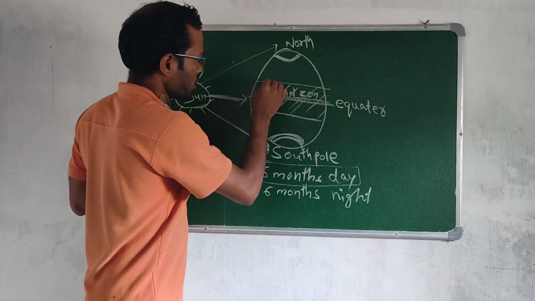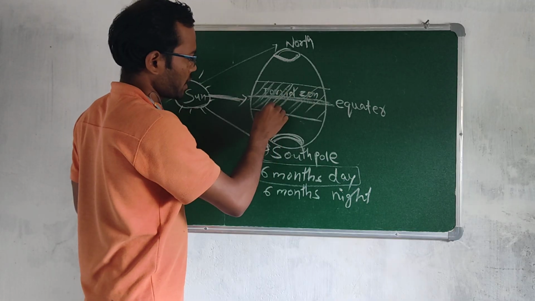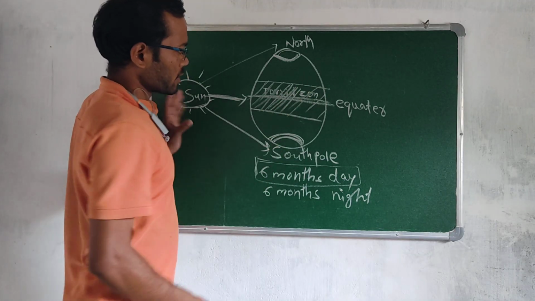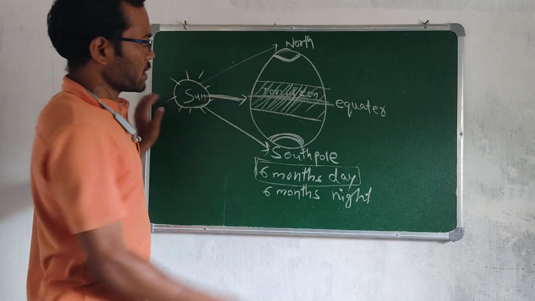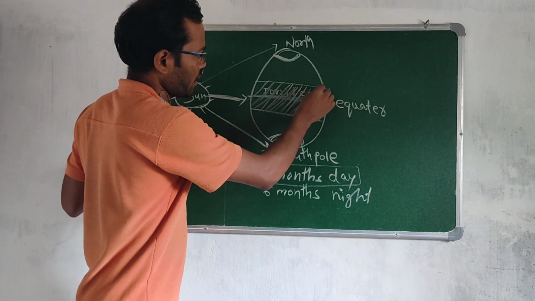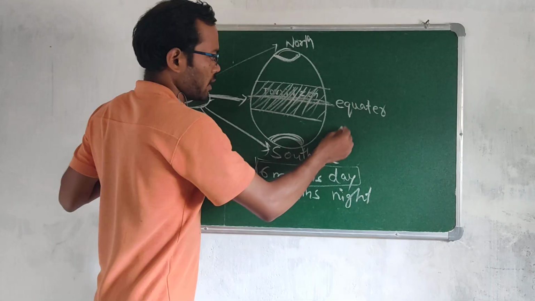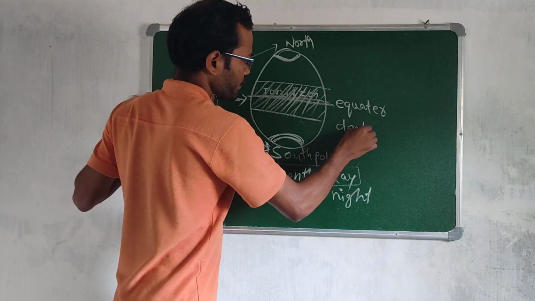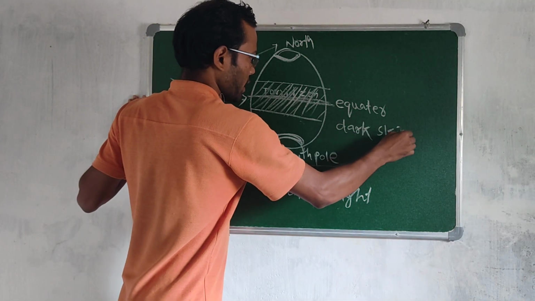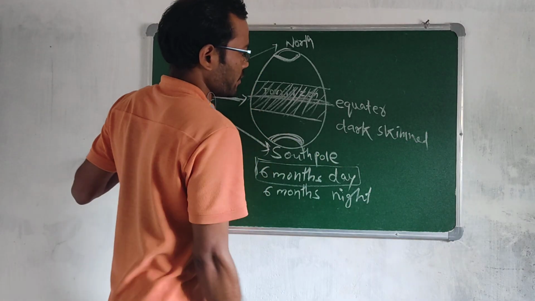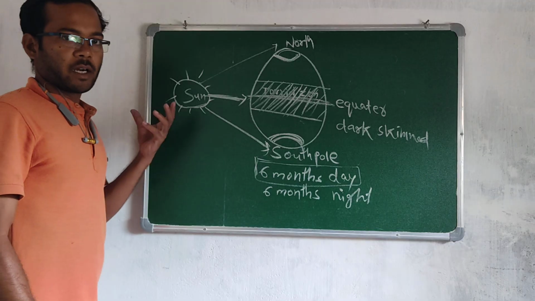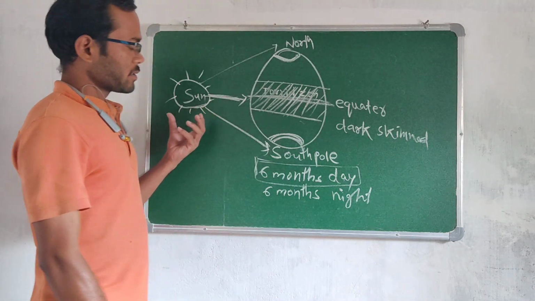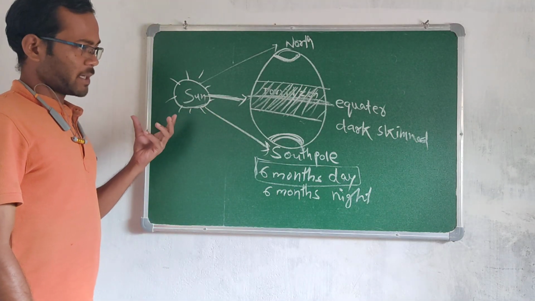And the people who are living in this area, like the countries Africa, Ecuador, something, I have to look on the map, are dark skinned people, because when the sunlight falls on the body, our body secretes some pigment.